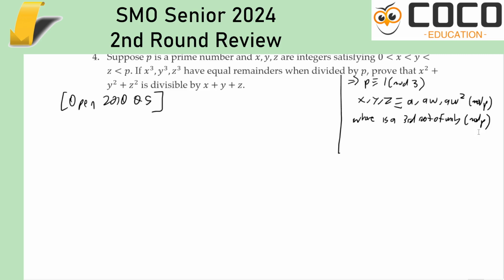You would show this using primitive roots, and the implication of this is that x plus y plus z would actually be 0, because 1 plus omega plus omega squared, with omega a primitive third root of unity, would be 0 mod p.